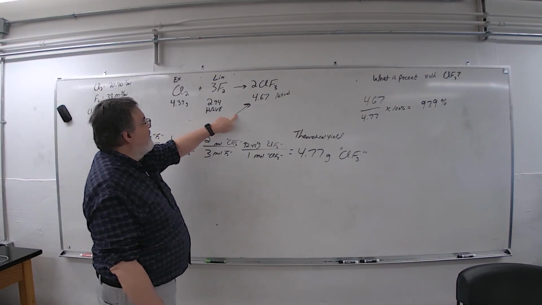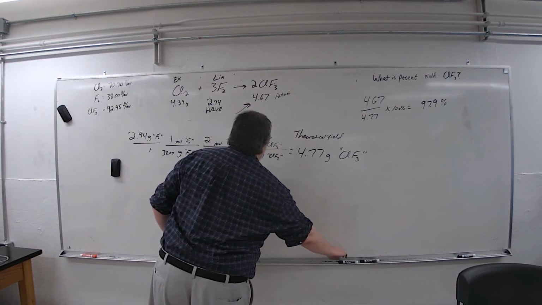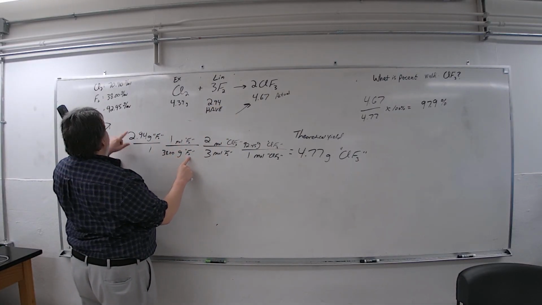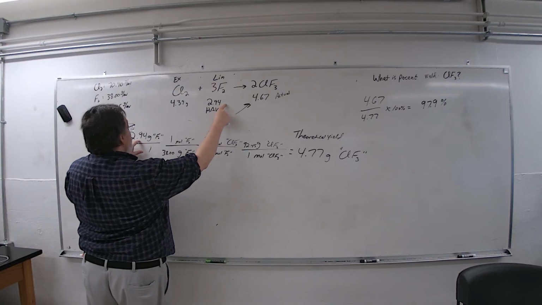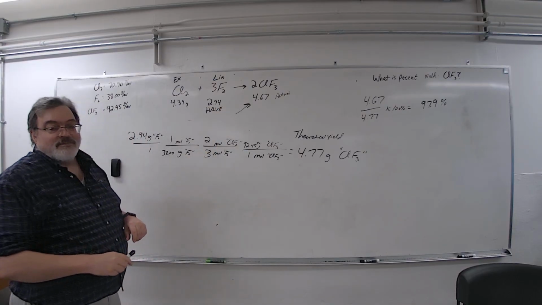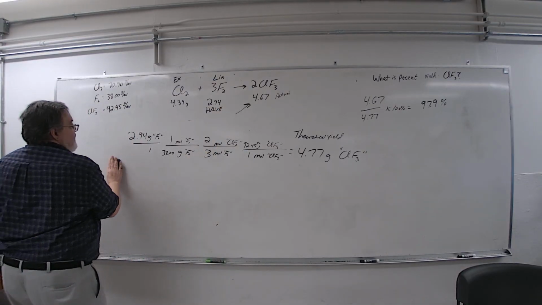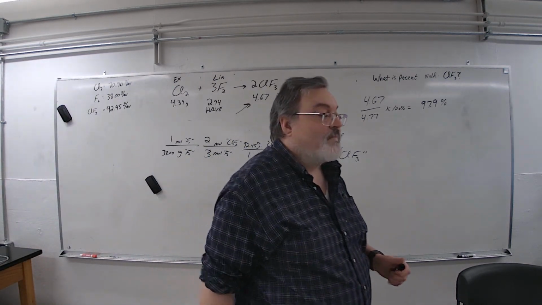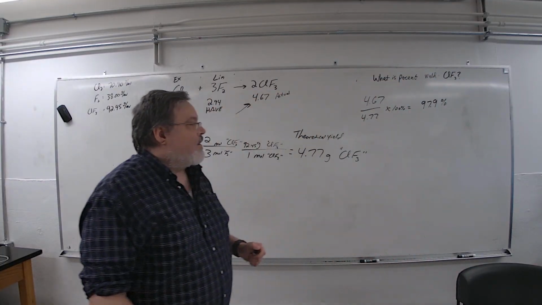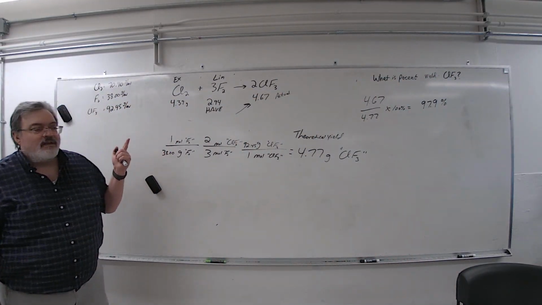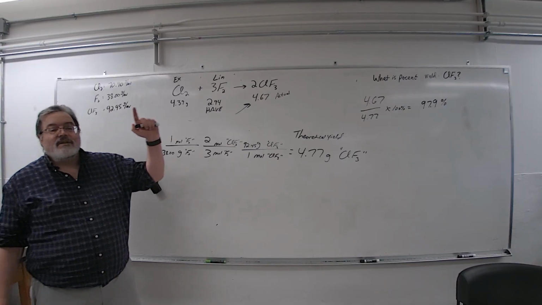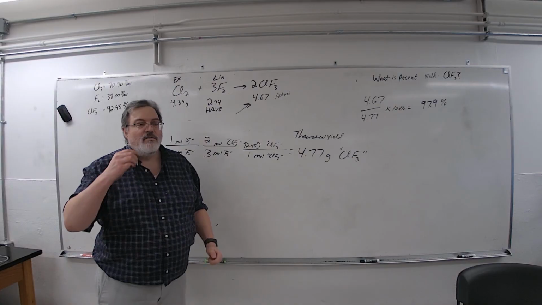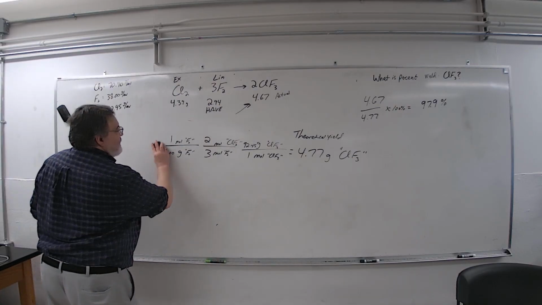Yeah, that was before we figured out that I was wrong. We did it right though. We used F2, 2.94 F2. We did it right. Okay, I just didn't fix my error. Thank you. You use the limiting one on here. Yes. Thank you. You go to all that trouble to find out which one is limiting, so you can use the limiting one to predict the products, which is the same thing as saying find the theoretical. Okay. Good. Thank you.